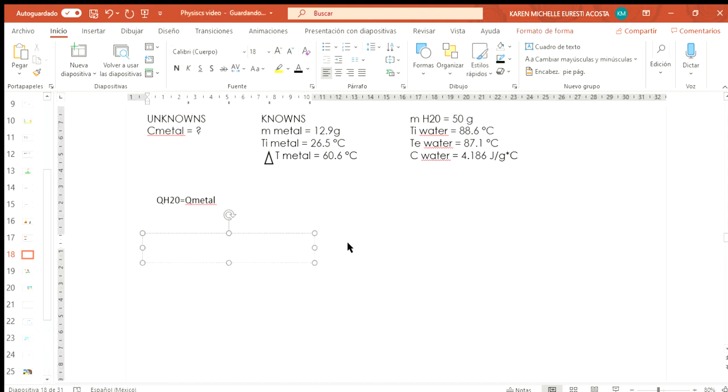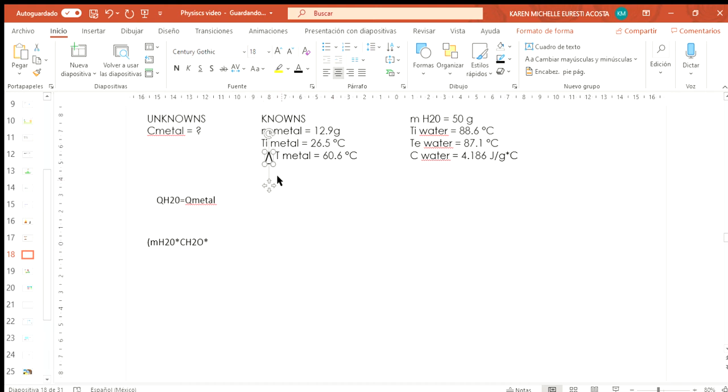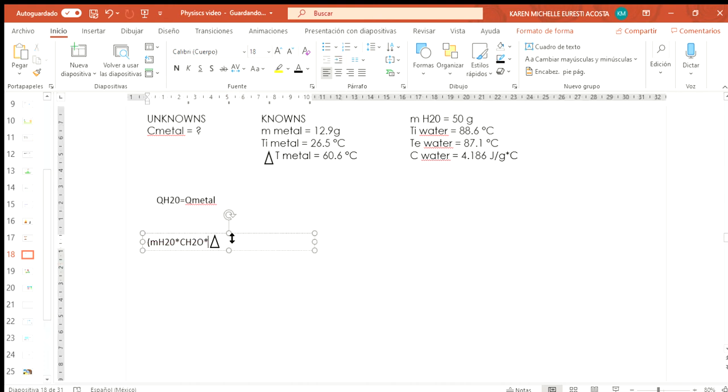So replacing the values with the formula, that is m of the water, the mass of the water, times the specific heat of the water times delta T, that is this little triangle here, of the water.